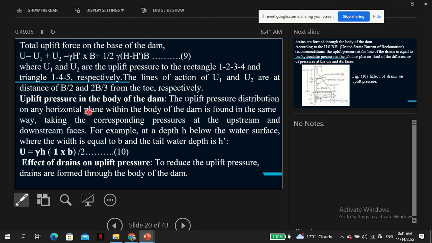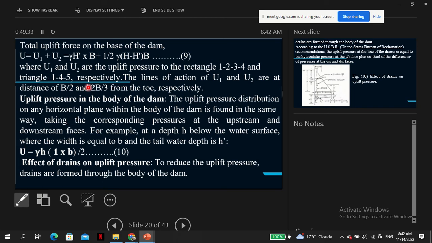The uplift pressure distribution on any horizontal plane within the body of the dam is found the same way, taking the corresponding pressures at the upstream and downstream forces. For example, at depth below the water surface, where the width is equal to b, the tail water depth is h. So anyway, I think you get the idea. If you have a question, you can ask.